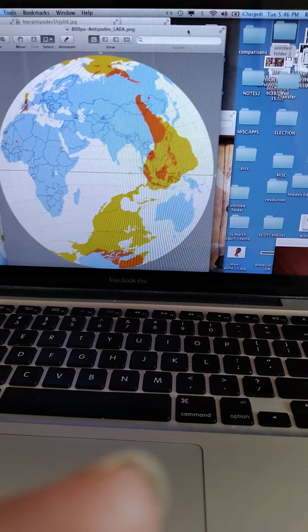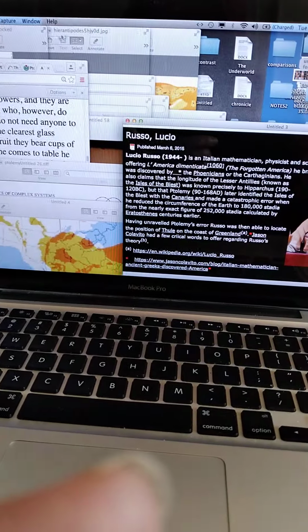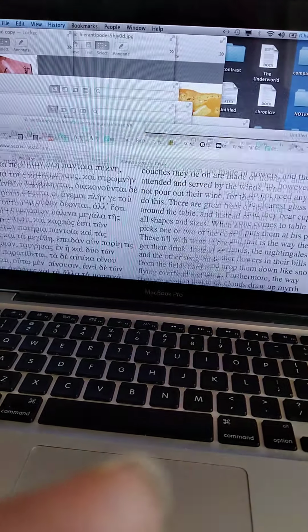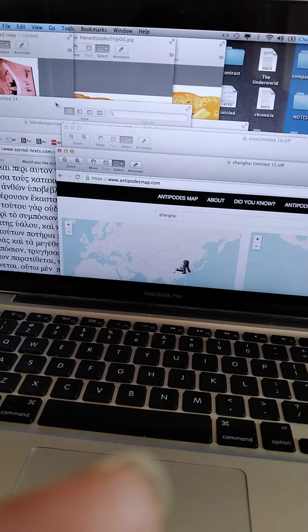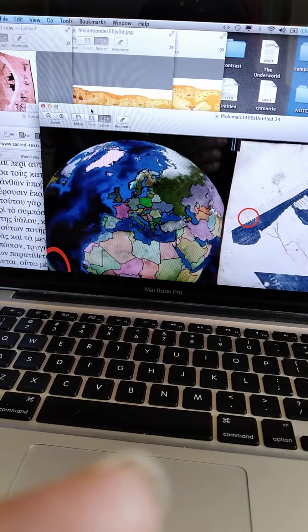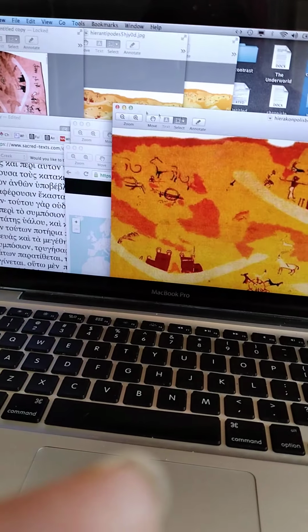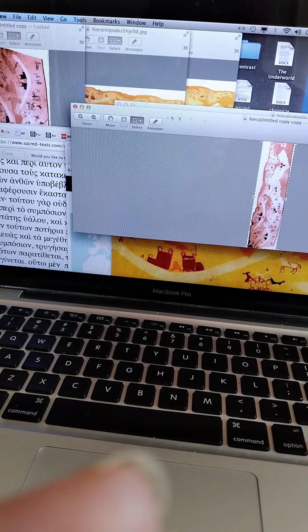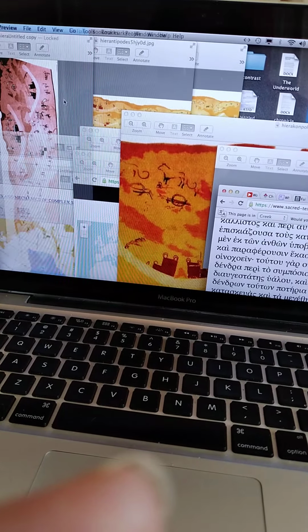But then he screwed up Spain, he screwed up Europe, because I think he confused it with the Canaries, and he may have also confused it with the Azores, because the way he did Spain, it makes it seem like the prime meridian is the Azores.